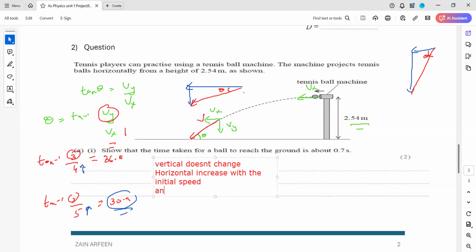So as a result, what will happen? The angle of the final velocity decreases. Is it clear? This one?